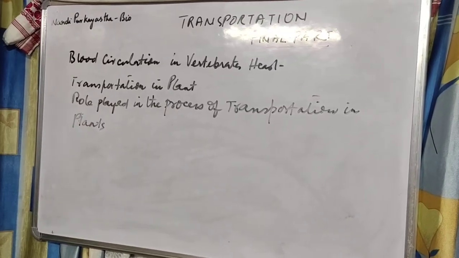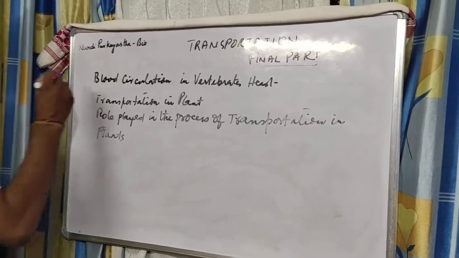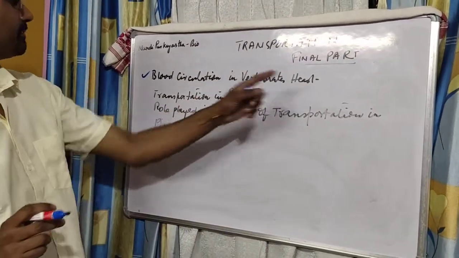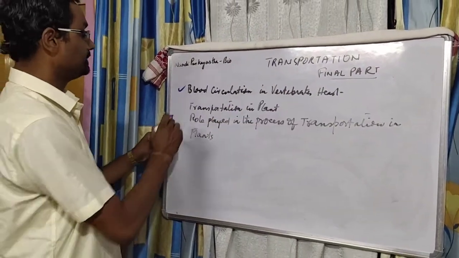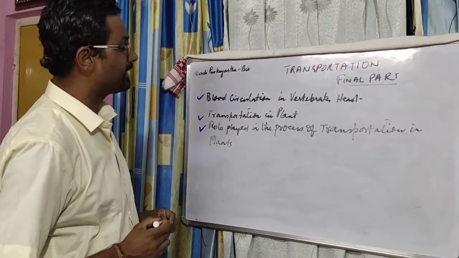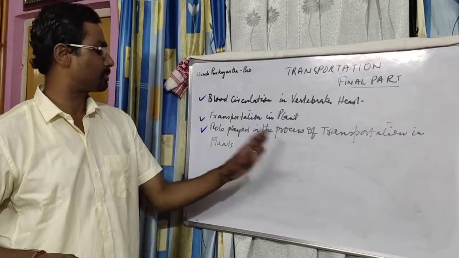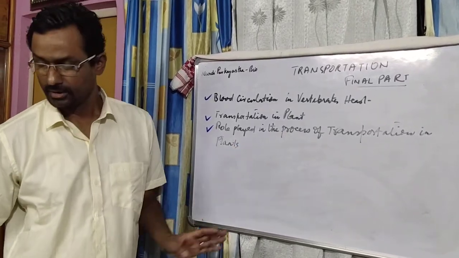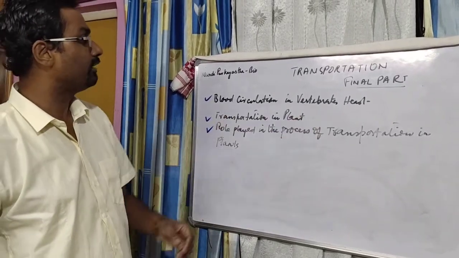So these are the points we will be discussing. First, what? Blood circulation in vertebrates, heart. Then transportation in plants. Then third, role played in the process of transportation in plants. So one by one we'll be going for all these things.